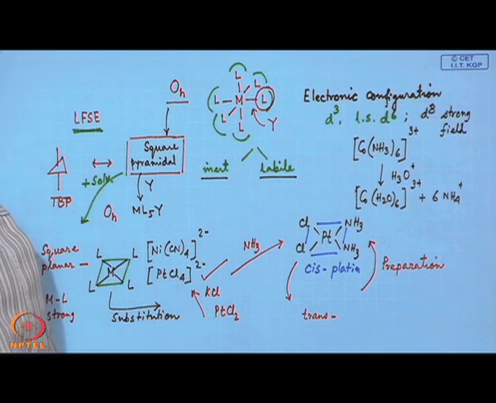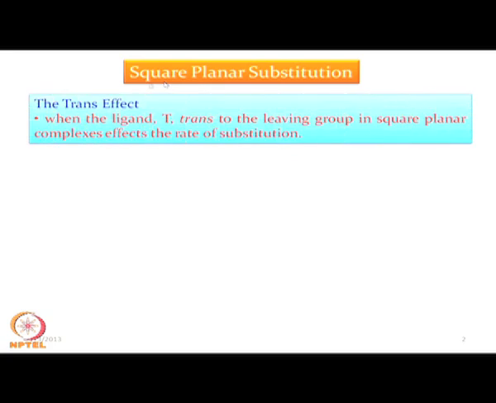So, if we go for the square planar environment, this square planar environment will just follow the trans effect. What is that? This trans effect we can consider as two positions, because we have a square planar environment, not like the corresponding octahedral geometry, it can have two transpositions to each other.